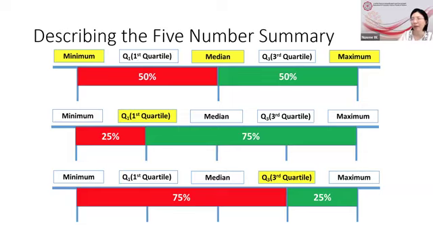It means that 25% of the students in the class get 60 or less. Okay. If Q3 is 80, for example, that means that 75% of the students in the class get less than or equal to an 80 grade.